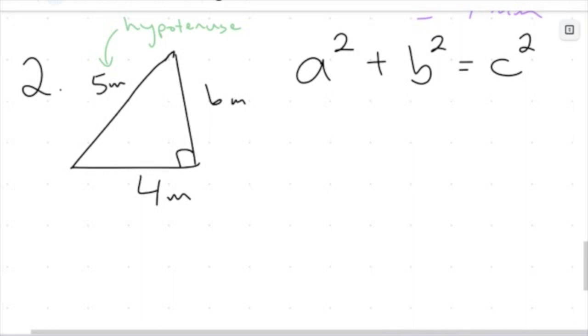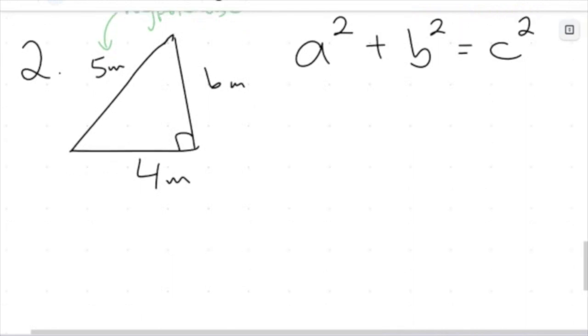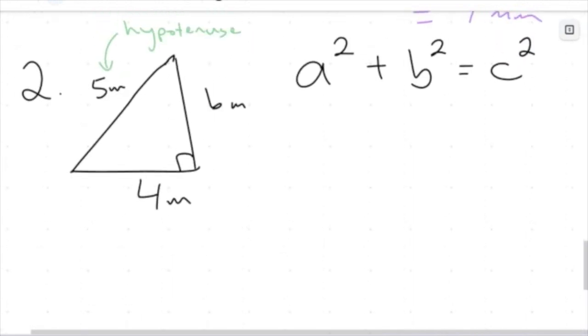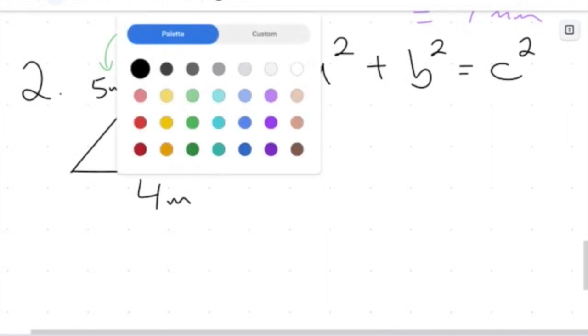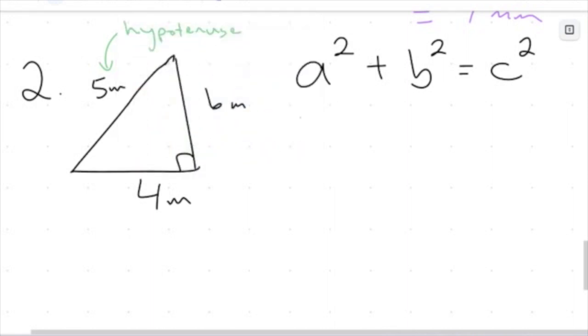Okay, now let's put my 4 meters. We'll put that in place of a because it's one of the smaller sides. So I have 4 squared plus b squared equals, and my 5 meters has to go in place of the c squared. Why? Because my c is my hypotenuse. It's my longest side length.